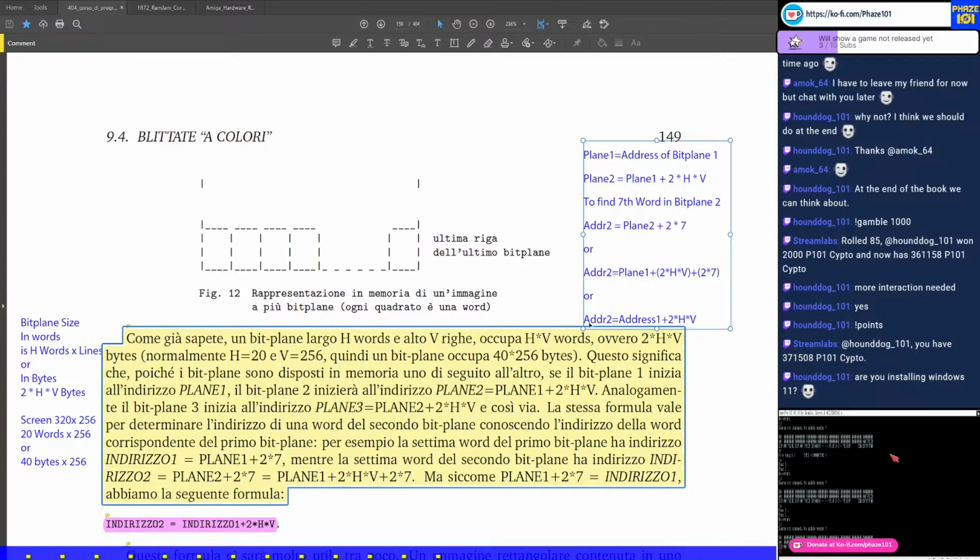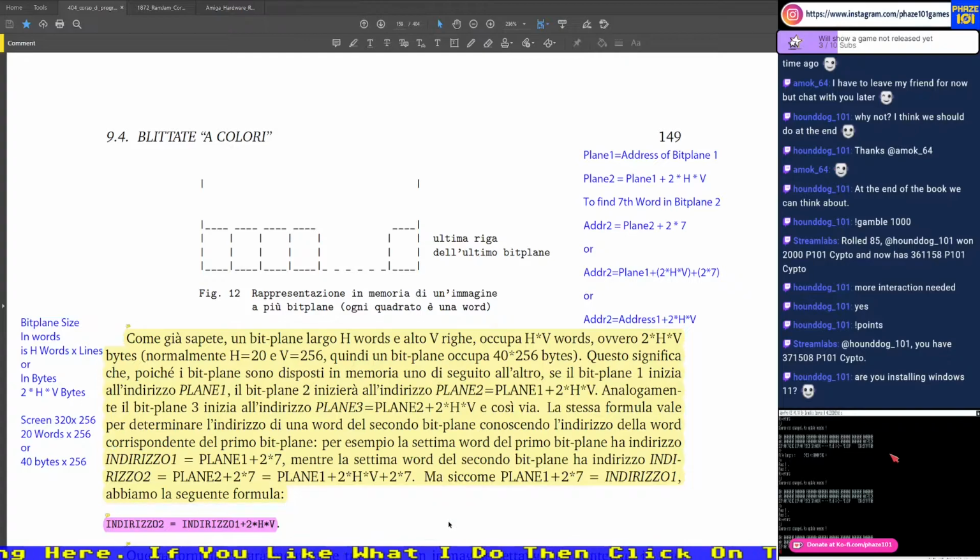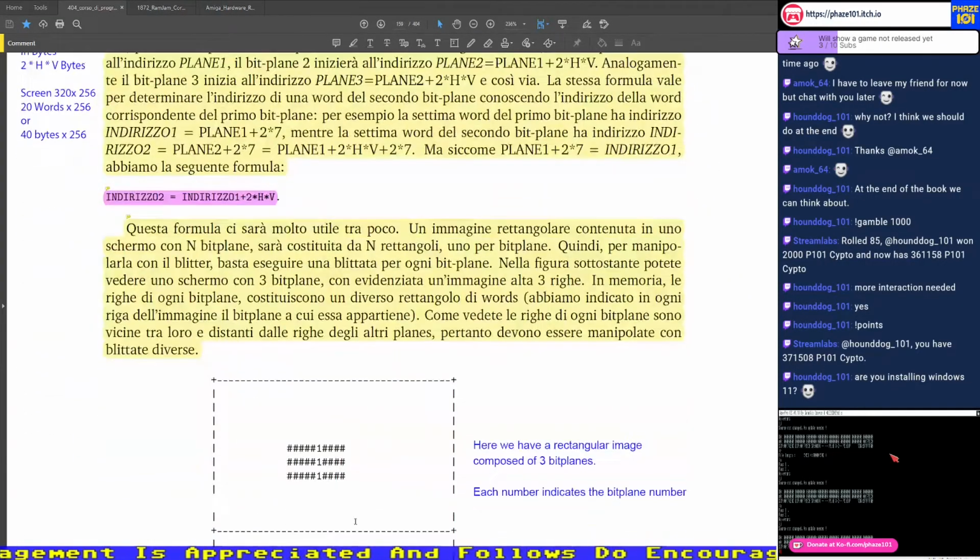Given that the address of where our image starts is 100 and the size of a bit plane is 100. So whatever that is, the difference is always the size of the bit plane, which is this formula here, 2 times H times V. So whatever that position is on the screen.